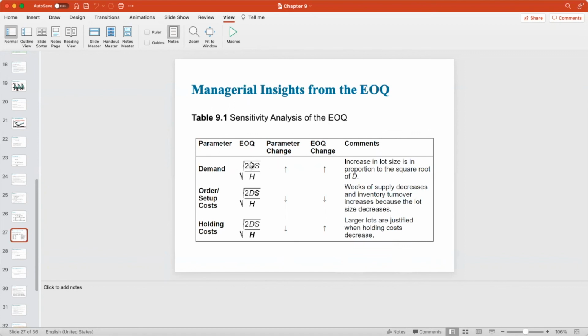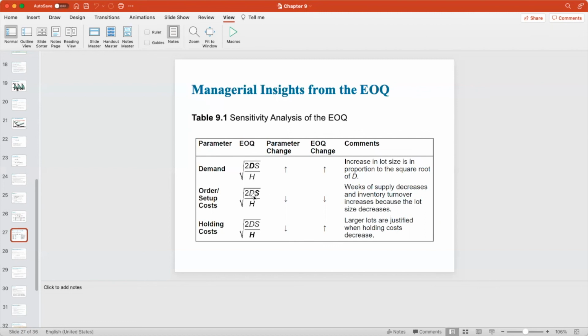First of all, when the market demand increases, will the EOQ increase or decrease? It should increase, right? Because when market demand increases, you probably need more inventory to prepare for the better market demand. So you see EOQ will also go up. Mathematically, since D is within the numerator, when D goes up, EOQ will go up.